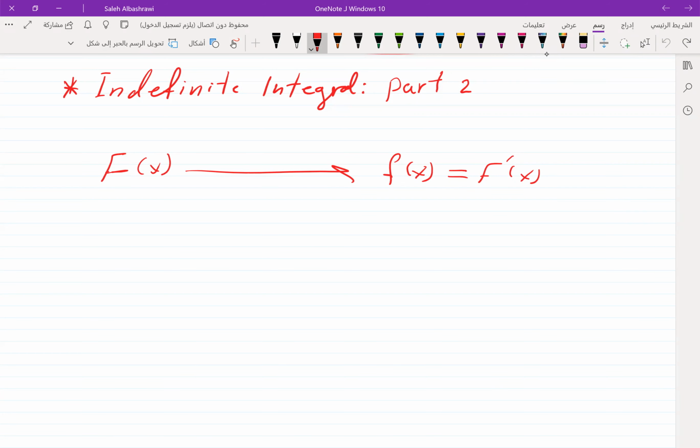For the integration, you are given the derivative f'(x), and we need to find f. This is by the integration. So it is the opposite or the reverse process of the differentiation.